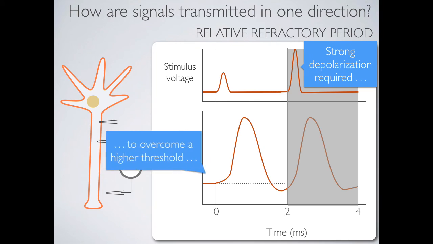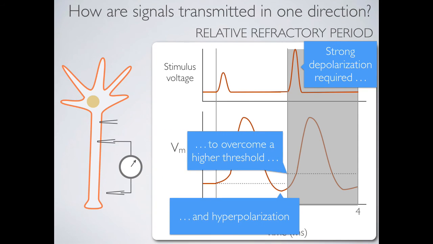So in this period of time, which we call the relative refractory period, a strong depolarization is required in order to overcome a higher threshold. Okay, now let's go back and think about this, well, there's 2 reasons for this.